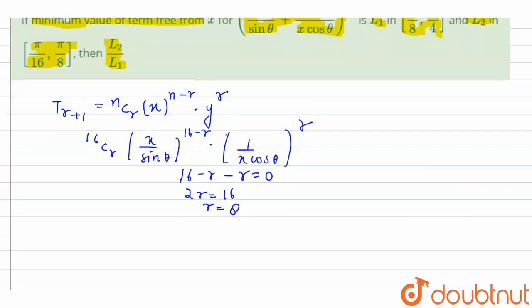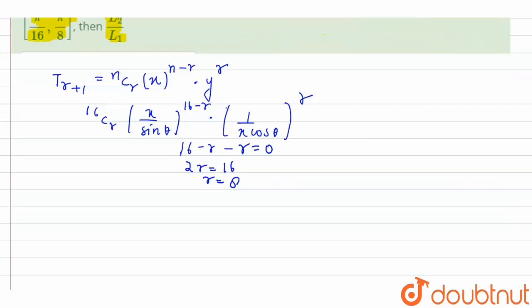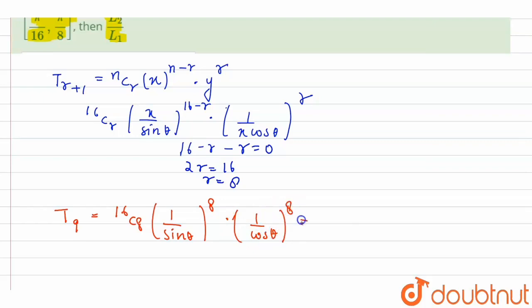Now if we put it in the expression, we get T9 is equal to 16C8 into (1 upon sin theta) to the power 8 into (1 upon cos theta) to the power 8. This is equal to 16C8 into (1 upon sin theta cos theta) whole to the power 8.